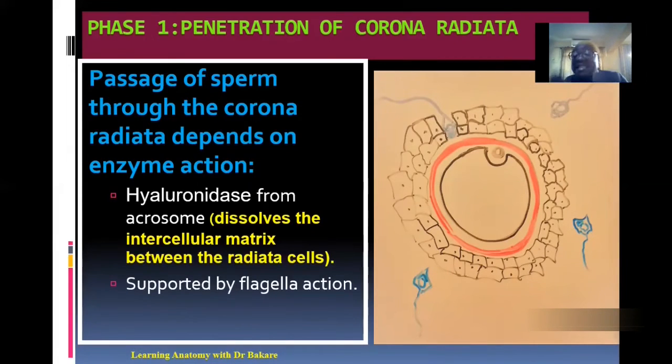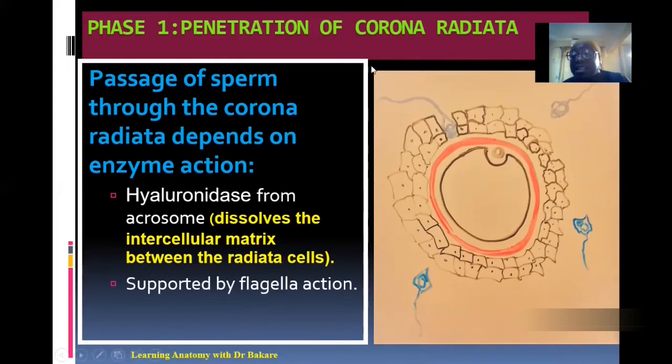As it is released, this enzyme helps to break up or digest the intercellular matrix between the corona radiata cells, and the sperm is able to pass through it. So this is the basic mechanism by which capacitation enhances the movement of the sperm cell through the corona radiata cells.